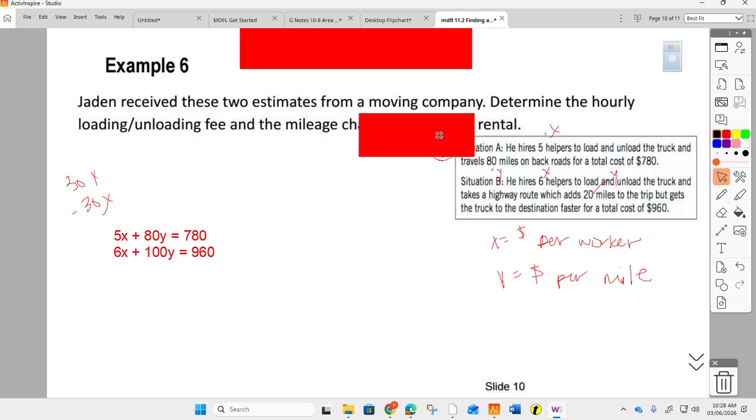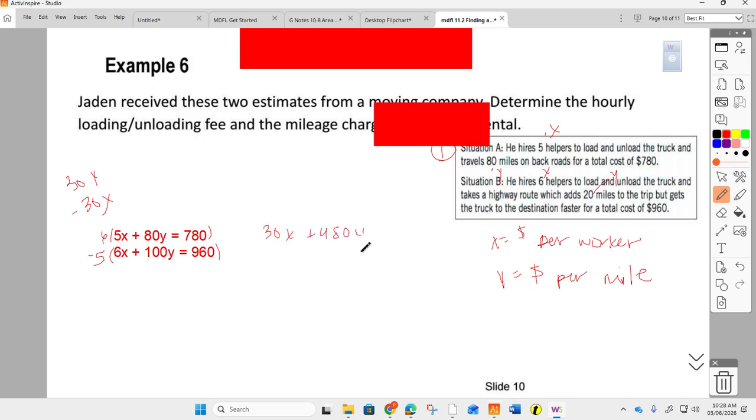So that product, I'm going to multiply this by 6, this by negative 5. Add them together.